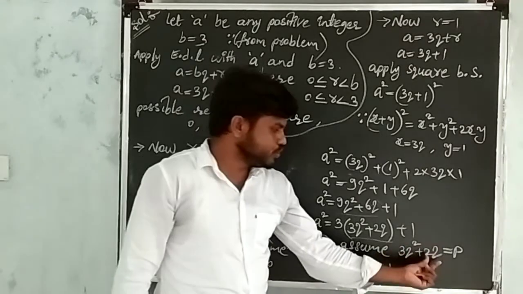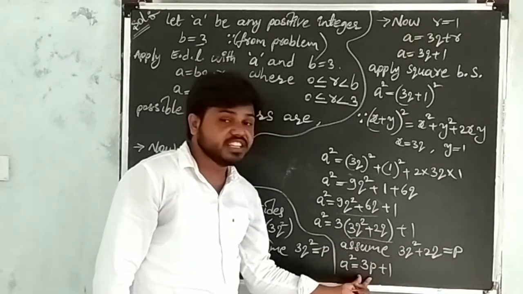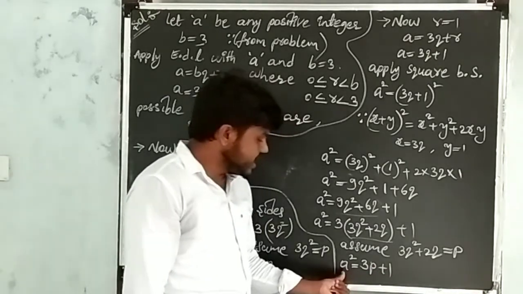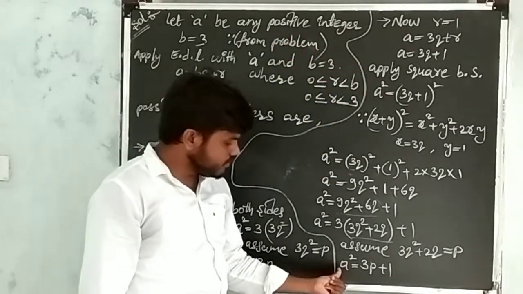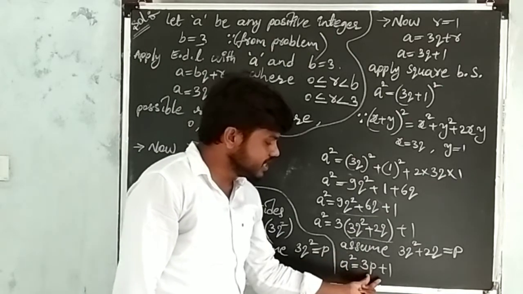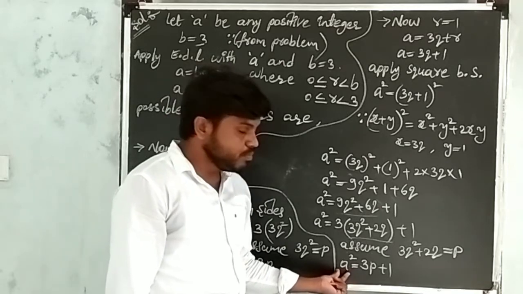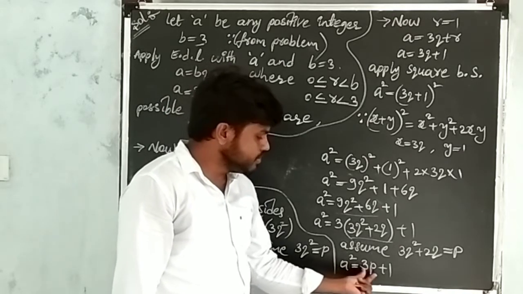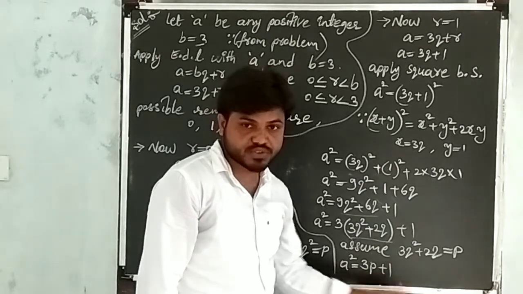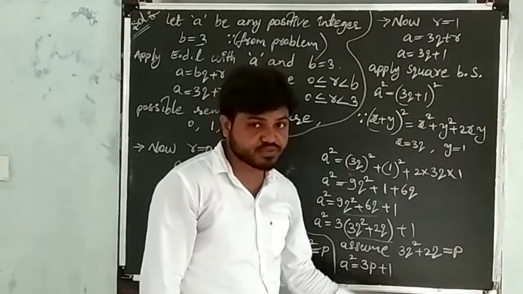See, when I substituted this p value instead of 3q square plus 2q, I got the 3p plus 1 form. A here is a positive integer. When I did the square of a, I got the 3p plus 1 form. So from this we can say the square of a positive integer may be in the form 3p plus 1.